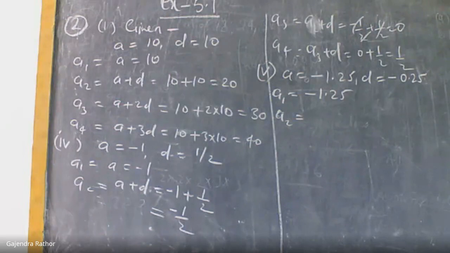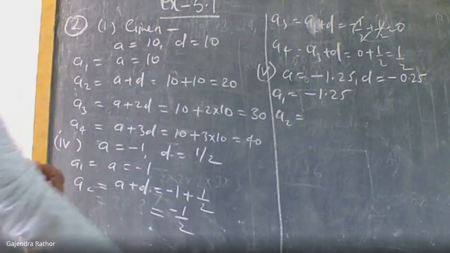The correct answer will be minus 1.25, minus 1.5, minus 1.75, minus 2. They are very good. Other shares? Very good, Samana.